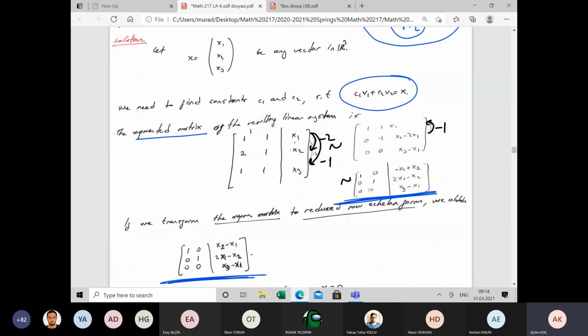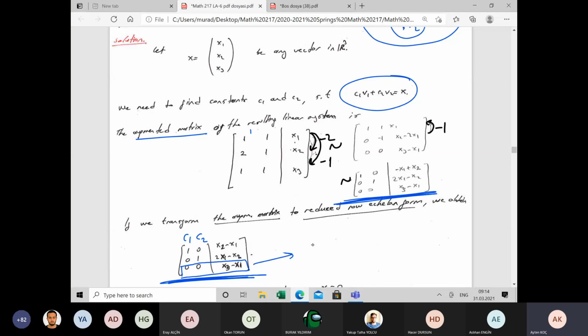This is the coefficient of C1, C2. So the last row means 0 times C1 plus 0 times C2 is equal to x3 minus x1. But what are x1 and x3?